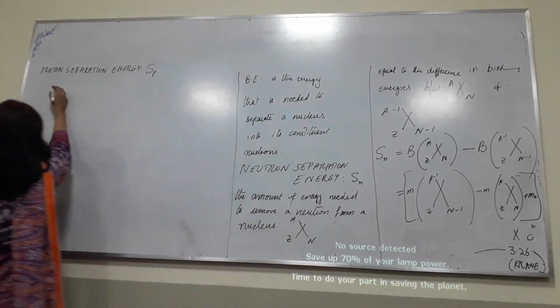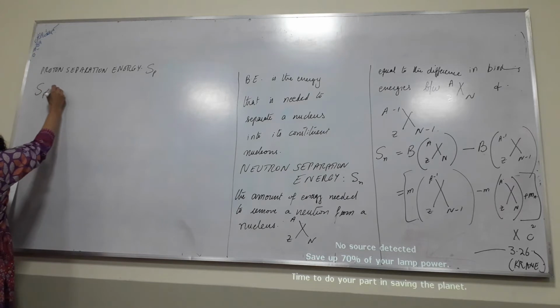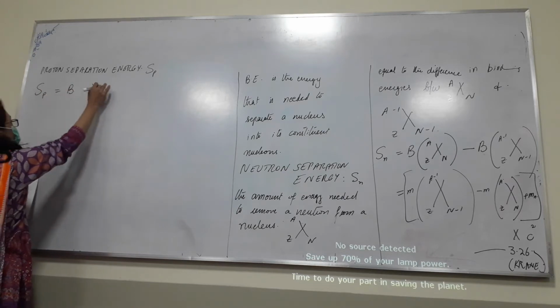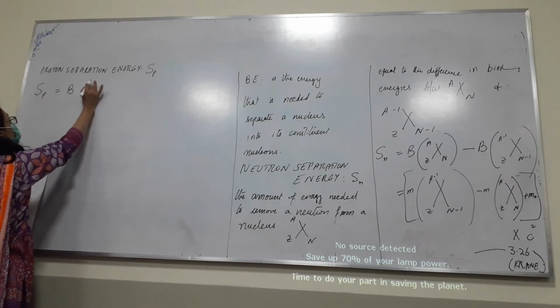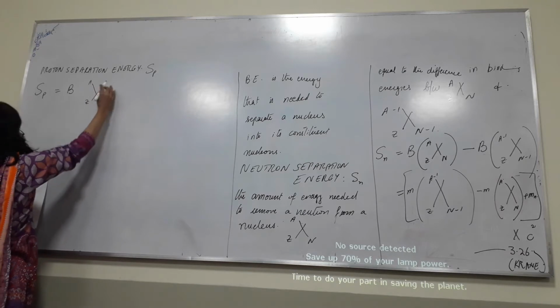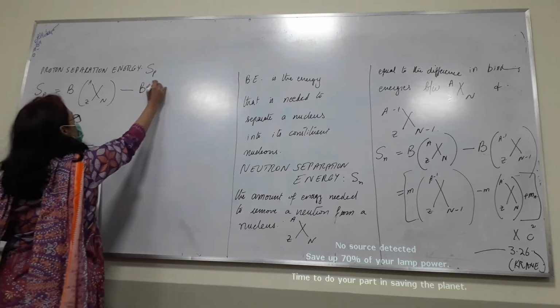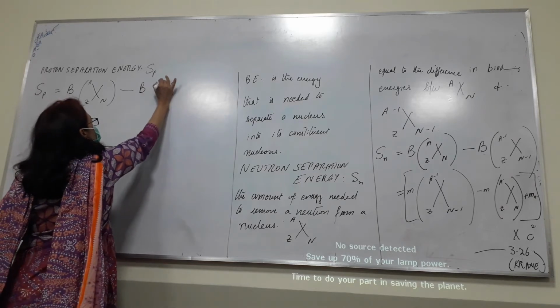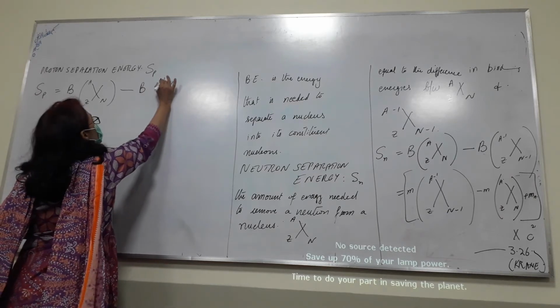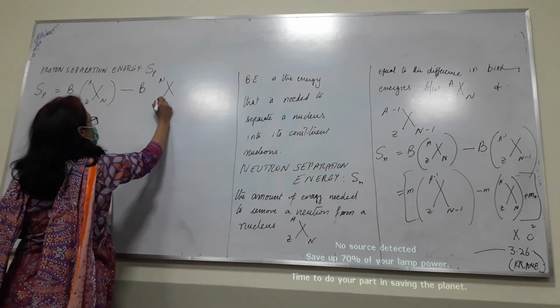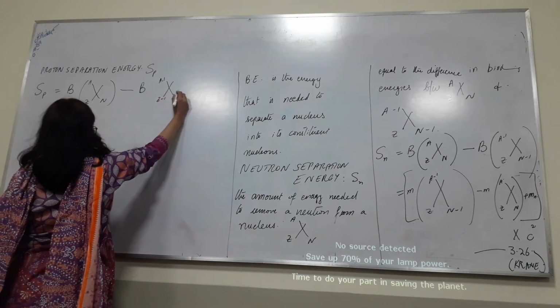So, the equation is also similar. You subtract the two binding energies. A minus 1, Z minus 1 and N.